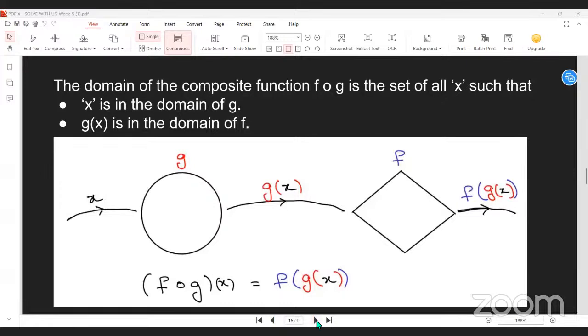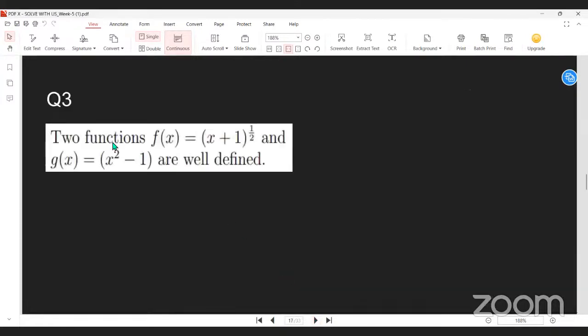Okay, so based on this, there is a question. Two functions, f of x equals (x plus 1) to the power half and g of x equals x square minus 1, are well defined.